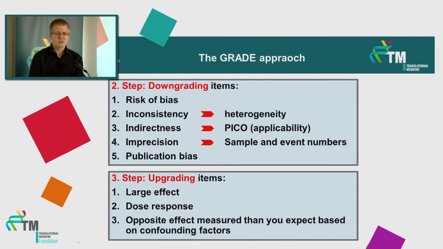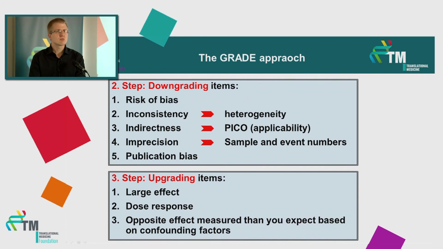The second step of the GRADE approach is upgrading and downgrading the level of evidence along these points. You should include risk of bias, heterogeneity, the applicability of the questions, how the study fits your PICO, the imprecision covering the sample and event numbers, and the publication bias as well. If any of these is flawed, then the grade of evidence should be downgraded.